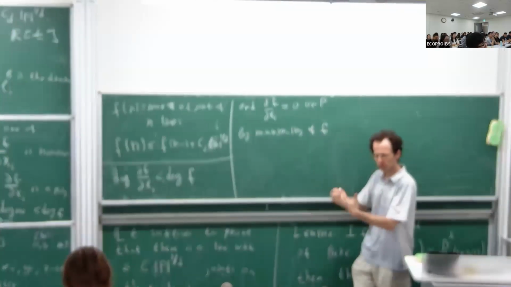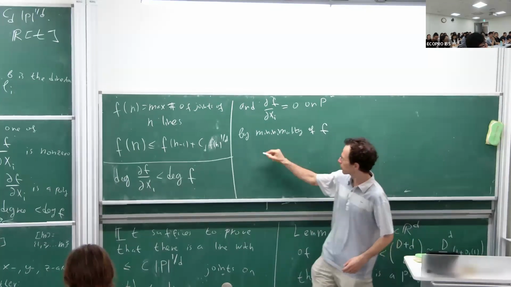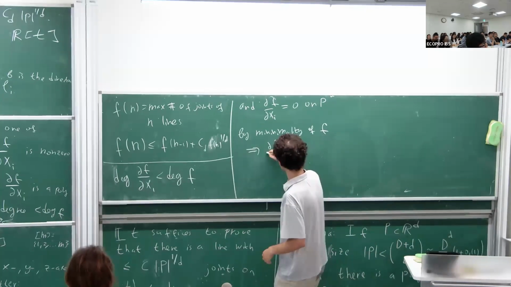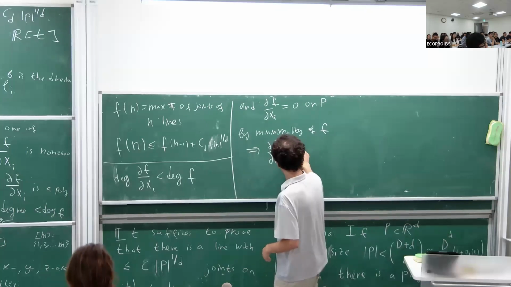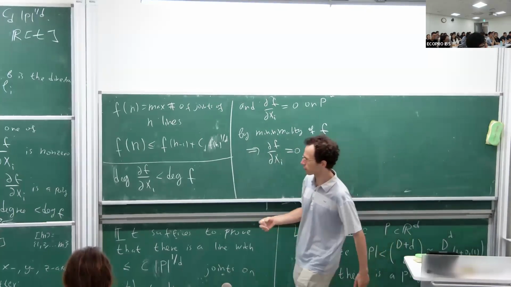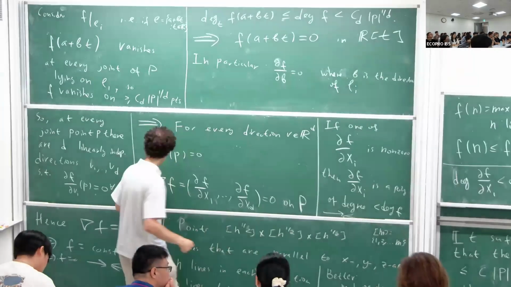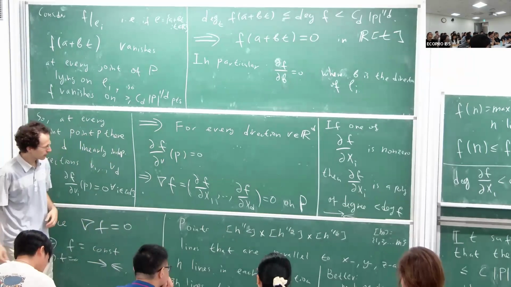It was the polynomial of smallest degree which vanished on p. That implied that this partial derivative was the zero polynomial, and therefore the gradient is 0, and therefore the polynomial is constant.